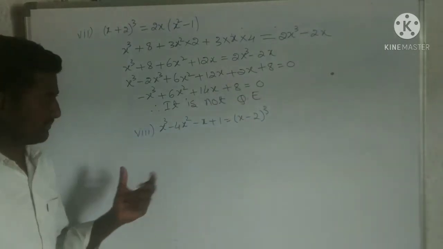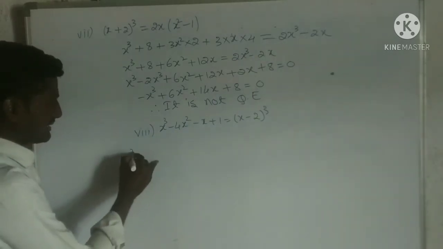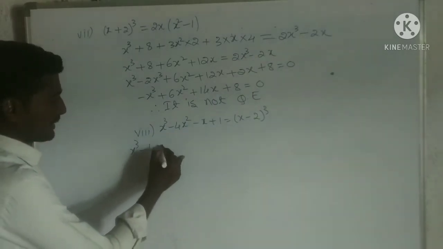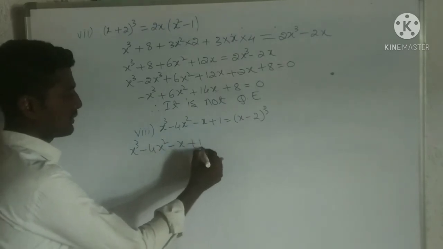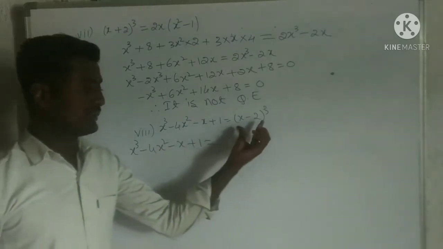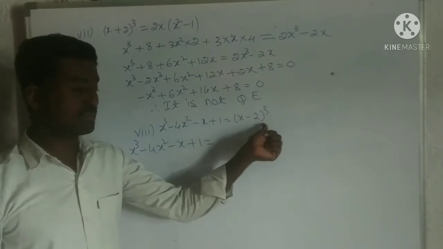Then the last one. Now I'll take the LHS as it is: x cube minus 4x square minus x plus 1 is equal to. Now this is of the form a minus b whole cube.